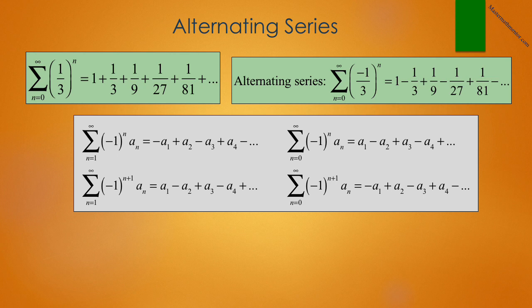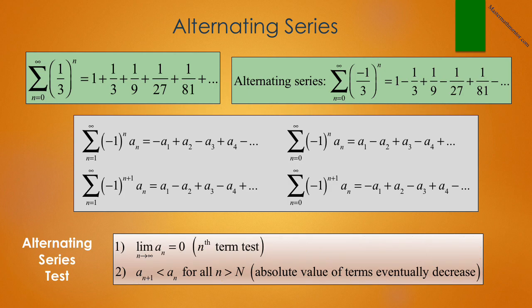And now the terms are a sub 1 minus a sub 2 plus a sub 3 minus a sub 4 plus ... And if our series is summation n equals 0 to infinity of negative 1 to the n plus 1, a sub n, then we get negative a sub 1 plus a sub 2 minus a sub 3 plus a sub 4 plus minus ... So when we start at n equals 0, negative 1 to the n will have the even terms being negative, and when we start at n equals 0, we have a negative 1 to the n plus 1, the odd terms are negative.